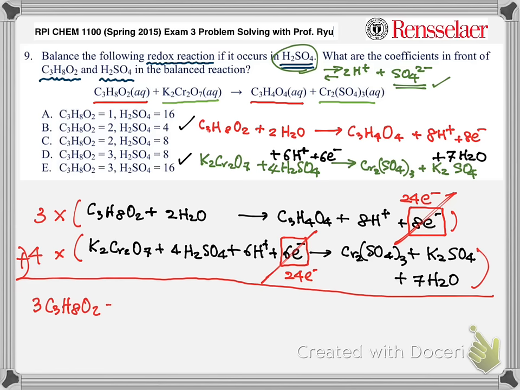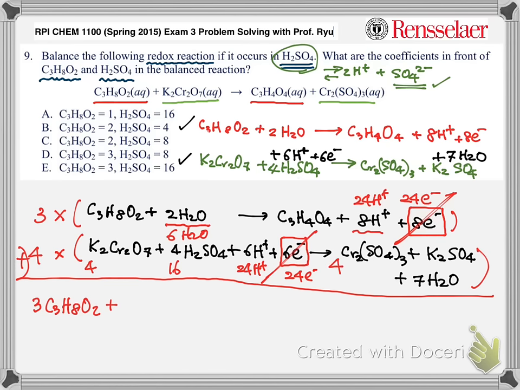By doing it, you end up getting these numbers: 3C3H8O2. This one becomes 6H2O, and this becomes 24H plus. This one becomes 4 times, this is a 16, this is a 24H plus.